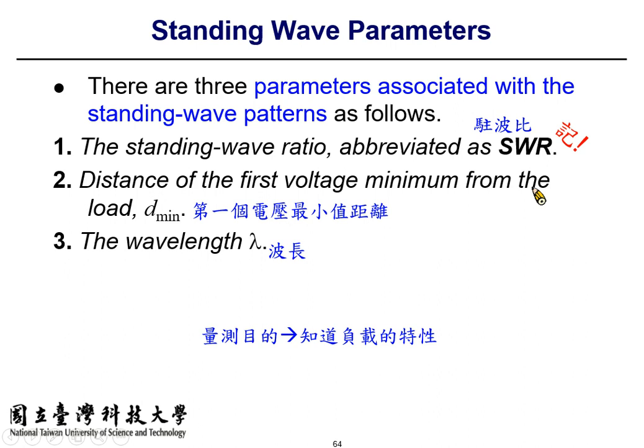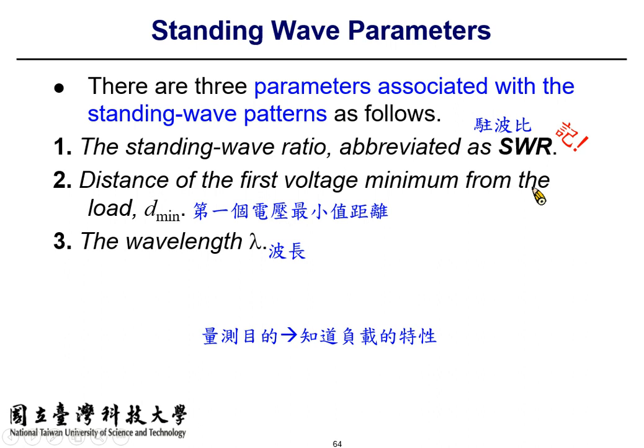So what is the worst case? The worst case takes place when the reflected signal is as strong as the incident signal. So you will form a voltage null on the total voltage pattern. Then V maximum divided by V minimum will be some number divided by 0. Then the standing wave ratio will blow up to infinity.